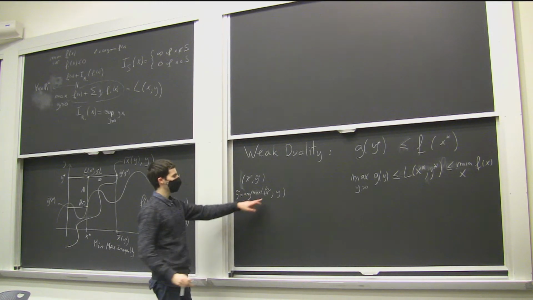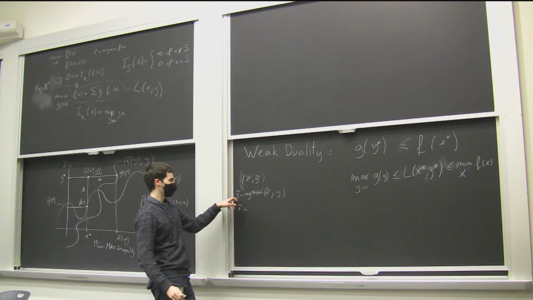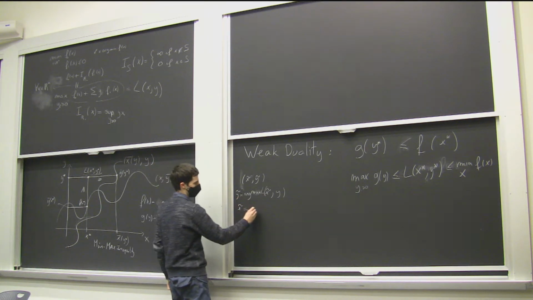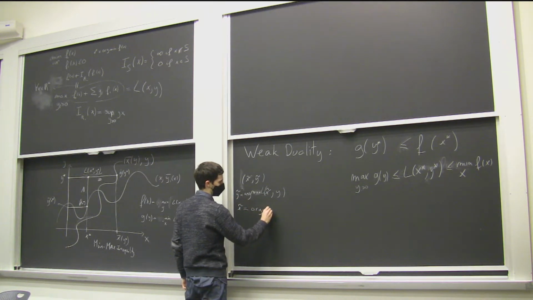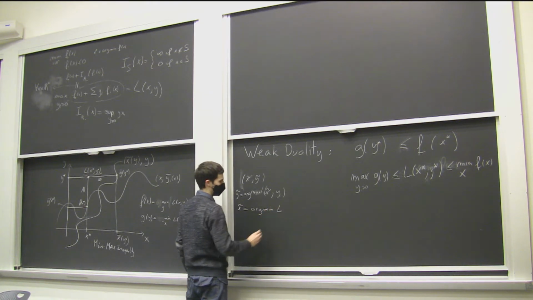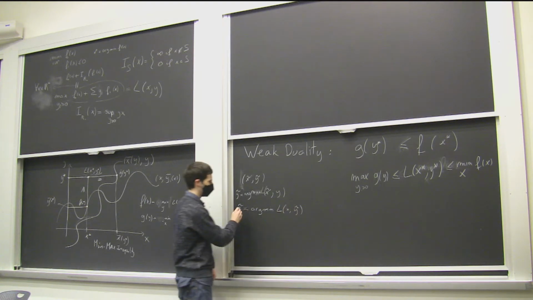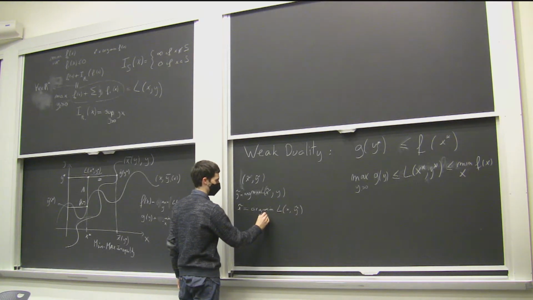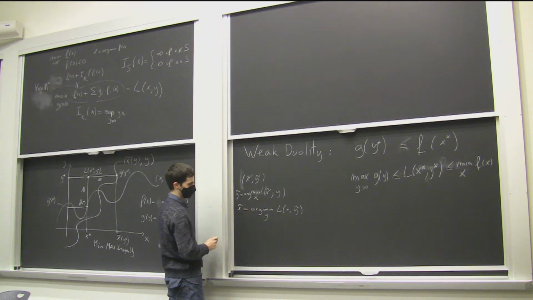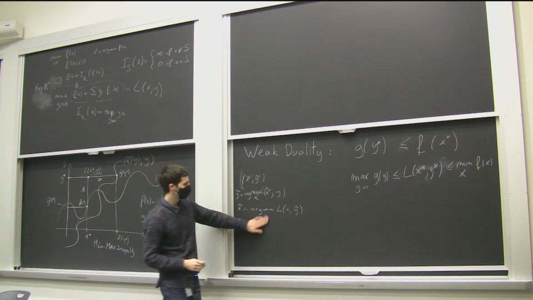So if you know the player is playing x tilde, then you want to play y tilde. And if you know that the second player is playing y tilde, then you want to play x tilde. No, this is xy.